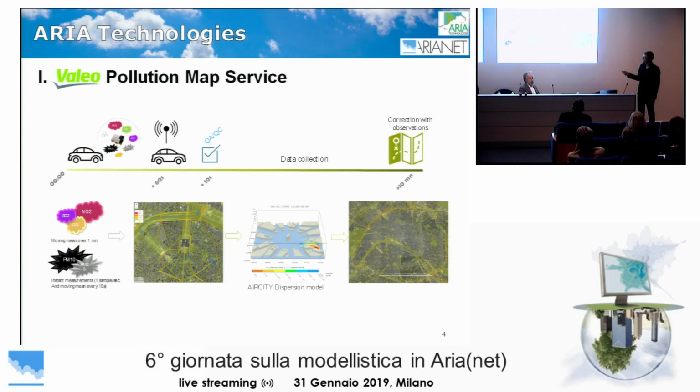One minute and 10 seconds after that, we check the data. We have a system that checks if the GPS signal was good enough to display the data. And then, during 10 minutes, we have a data assimilation of the sensors to correct the PMSS modeling according to the raw values of the data collected by the taxis.